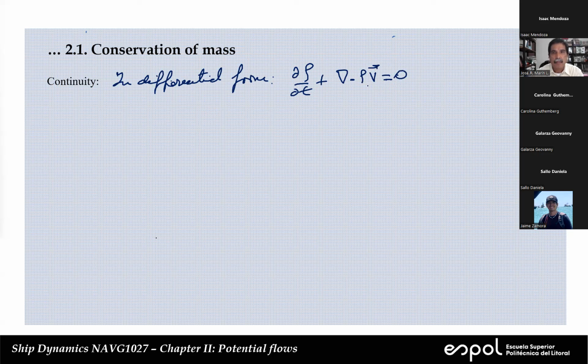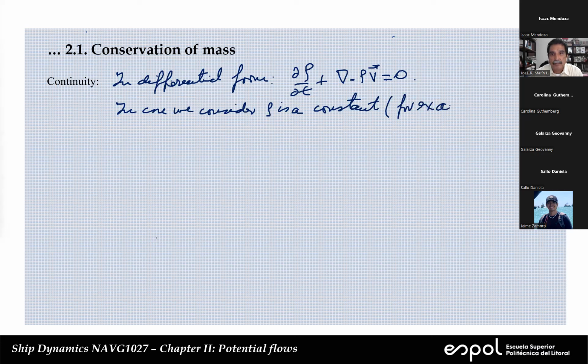So we consider now one of our favorite cases. We said in case we consider rho is a constant. Okay, so this is typical of liquids. If this is true, then this derivative is 0.